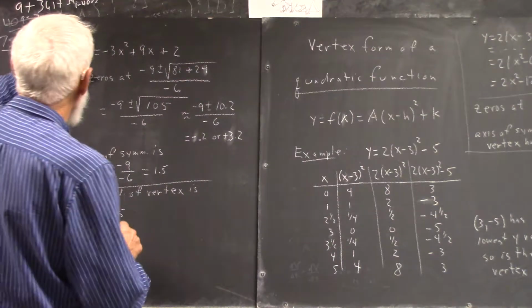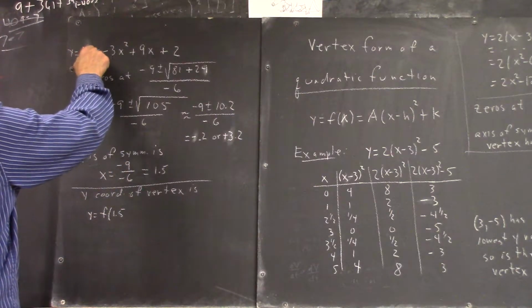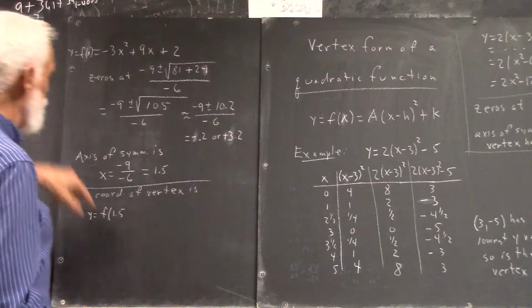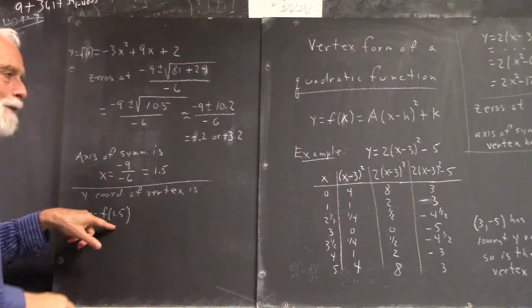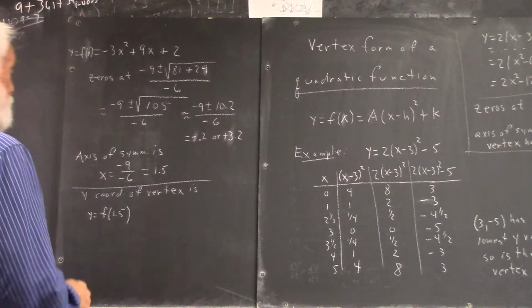I really should write this as y equals f of x. So when I talk about f of 1.5, you know what function I'm talking about, right?